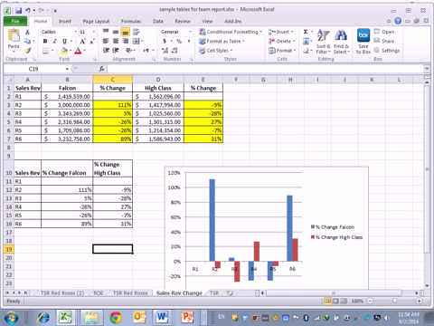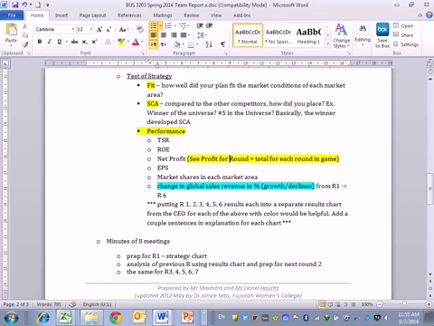Net profit. So if you go to your net profit, you see these profits per round? You go to that. And remember, we only want the winning team and you. So let's go back here. Net profit per round.